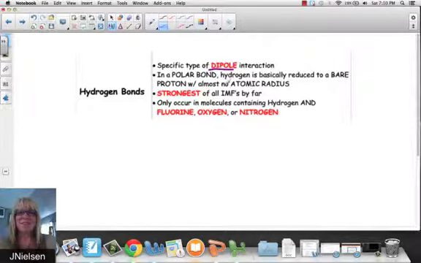And that's because the electronegativity of the other element is so high that it pulls the electron that hydrogen is sharing with it basically almost from it. So it's reduced to a bare proton with almost no atomic radius. And that is the strongest by far.